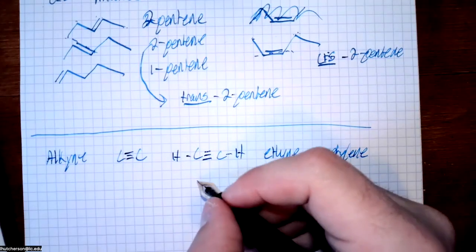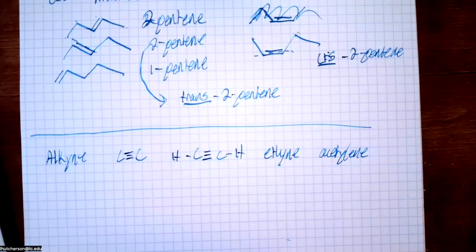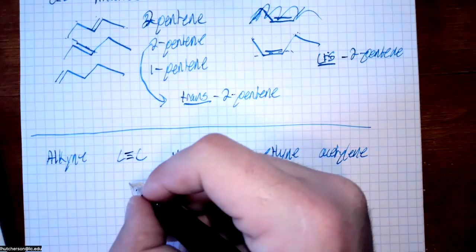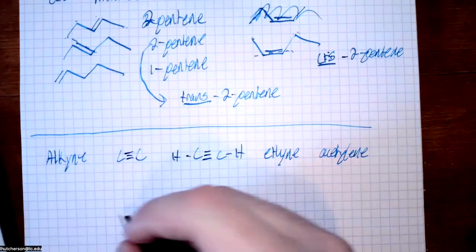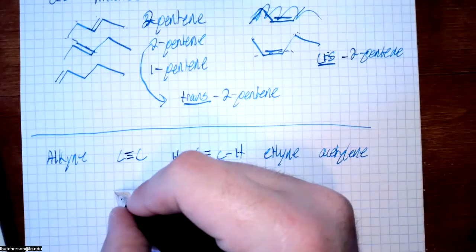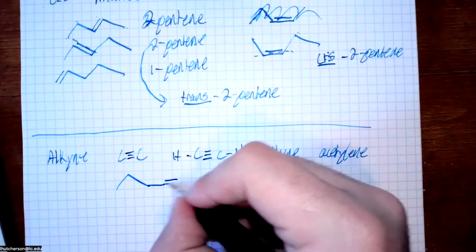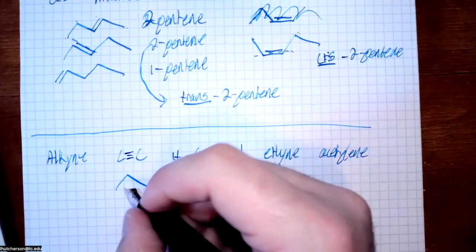All right. But basically our naming rules for this work just like they do with alkanes and alkenes. We do not have cis and trans isomers, but all right, this one.